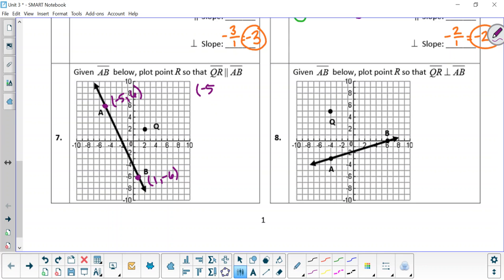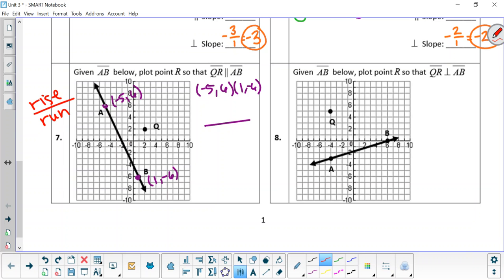So we could do the -5, 6, and 1, -6, and we could use our fraction. Or we can count our rise over run, if you remember that. I'm going to do rise over run just because we've already done a lot of fraction problems above.